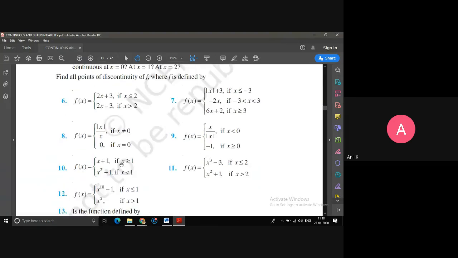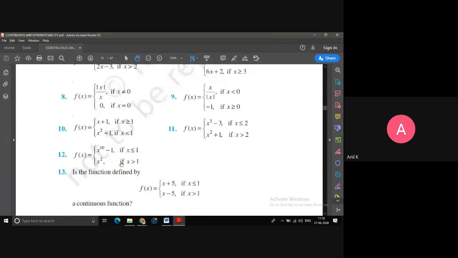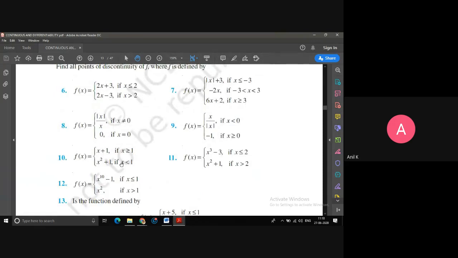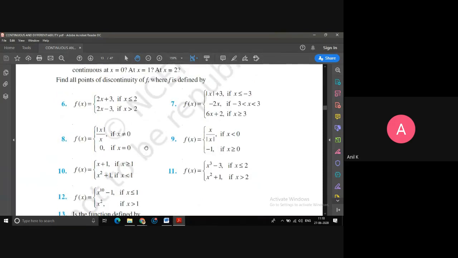Now here, from question number 6 to 12, I'll discuss one or two questions. For example, let me go for question number 6. Find all the points of discontinuity of f, where f is defined by the following. At x equals to 2, I have to check the continuity of the function, whether it is continuous or discontinuous.